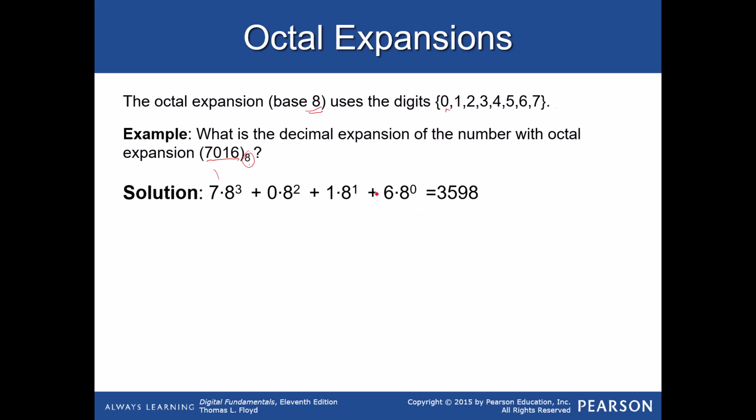Same story here. We take the first digit, and we also write the base, and because this is the ones, we put 0. We take the second, and we write the base. We increment it by 1 to give us 8 to the 1, and we get the 0, and the base incremented by 1 to give us 2, and finally the 7 here.